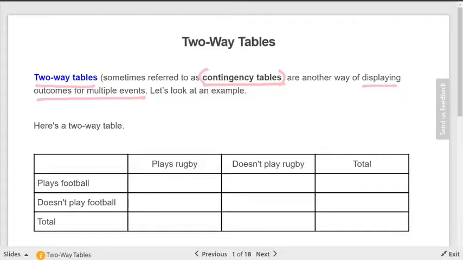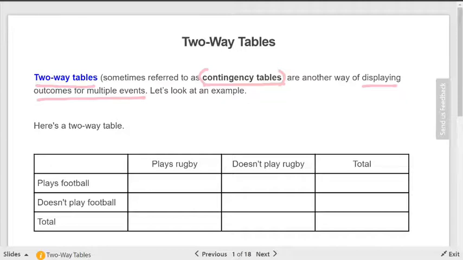So two-way tables, bracket, contingency tables, are a way of displaying outcomes for multiple events. Okay? All right. Good job. So, in other words, you're able to organize all of the information that's given so that then you can read it really easily.